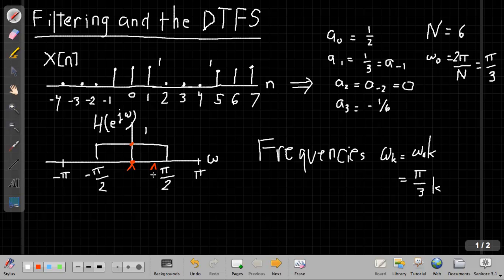Then let me continue this. When k equals 1, on the frequency axis, that will be right here. This was the k equals 0 term.